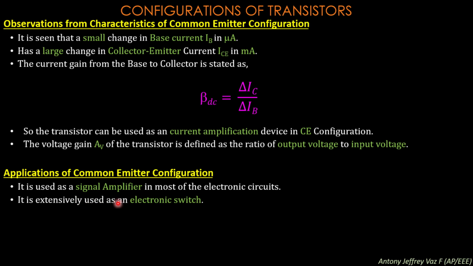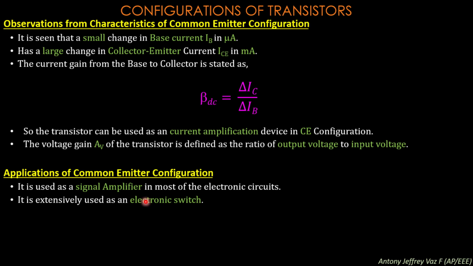The next is the electronic switch. In electronic switch configuration, once you apply a small signal to the base of the transistor, it will connect a very large load to the supply.